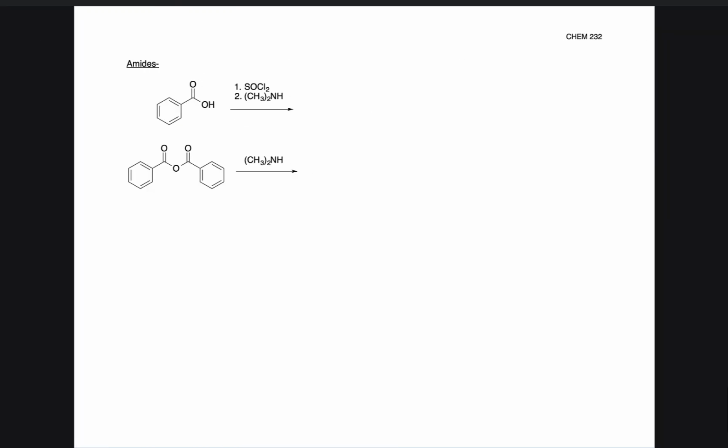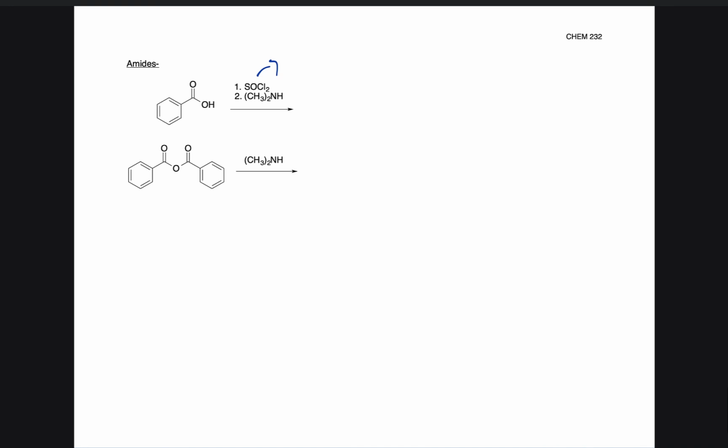All right, so for this last bit here, we're going to look at making some amides. Looking at this first reaction here, this carboxylic acid, first we're going to break this up into 2 different steps. One, we have this SOCl2, remember this is thionyl chloride.